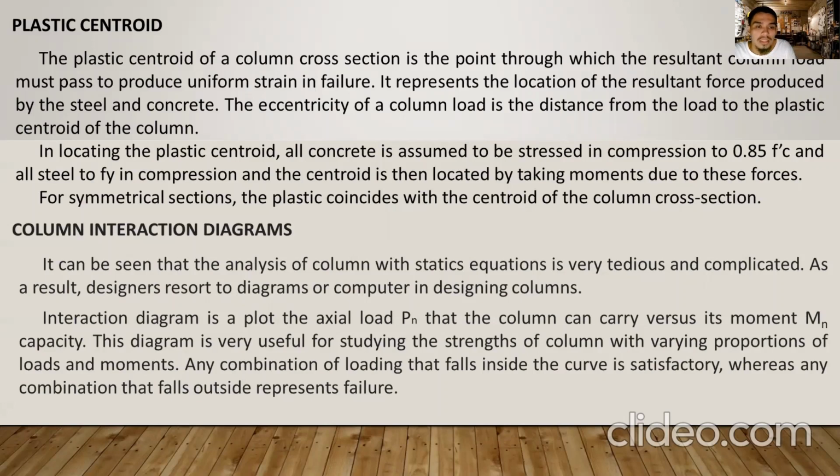So yung plastic centroid, ito yung kanina nandun sa may sample. So ito yung resultant ng column load na kailangang malagpasan para mag-produce ng uniform strain sa failure na nangyayari dun sa ating column. So siya yung nagre-represent ng location dun sa resultant force na mag-produce ng ating steel tsaka ng concrete.